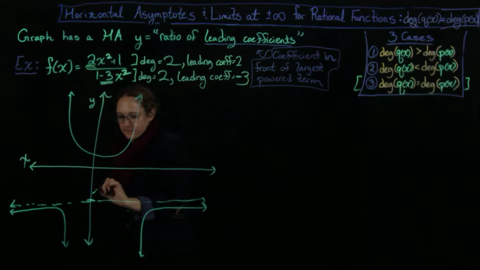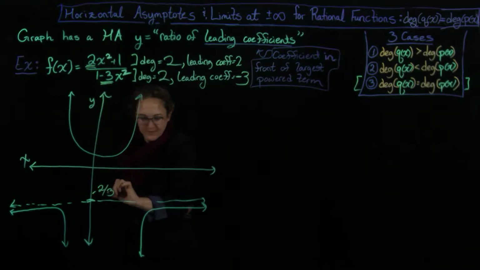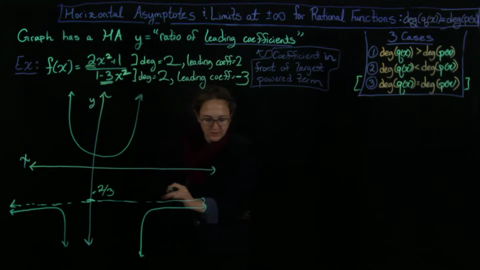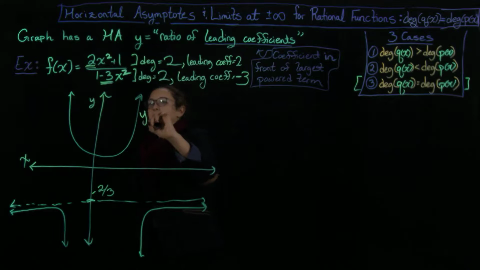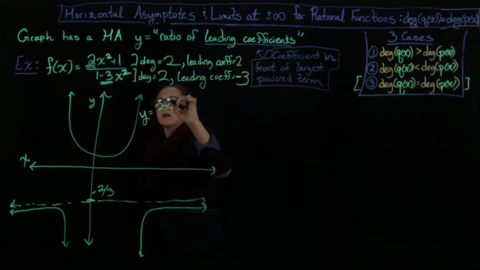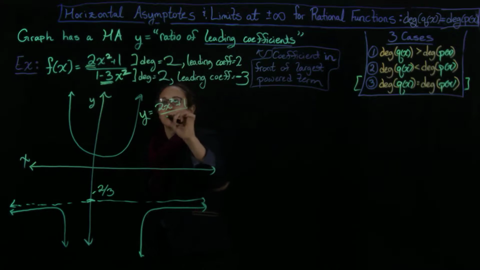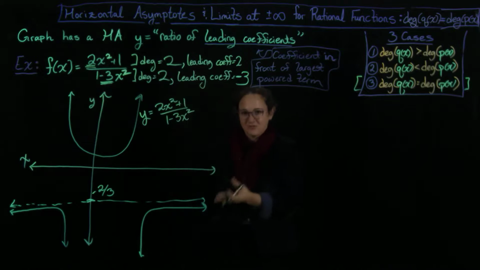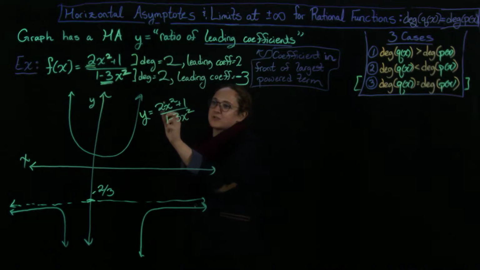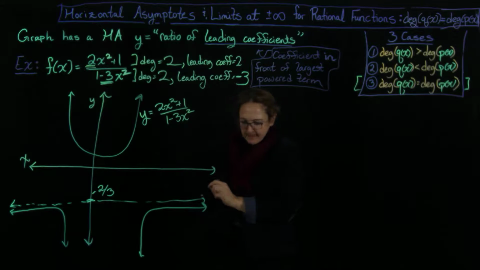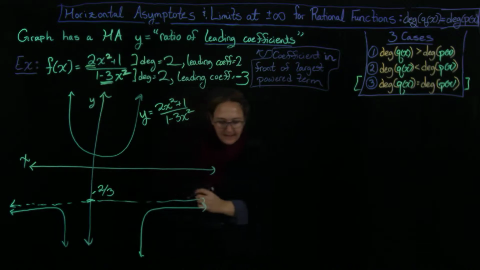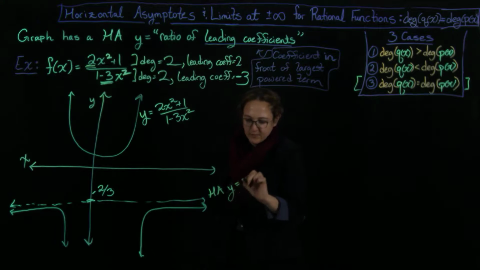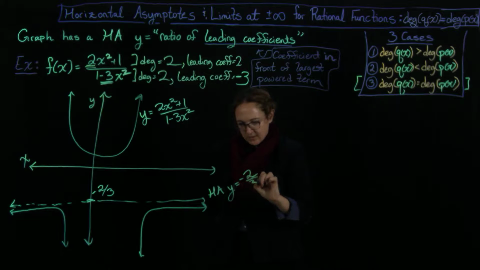So this is minus 2/3, and this is the graph of y equals 2x squared plus 1 divided by 1 minus 3x squared. Again, the same degree, so we're taking the ratio of the leading coefficients, which is the 2 and the minus 3. That gave us the horizontal asymptote y equals minus 2/3.